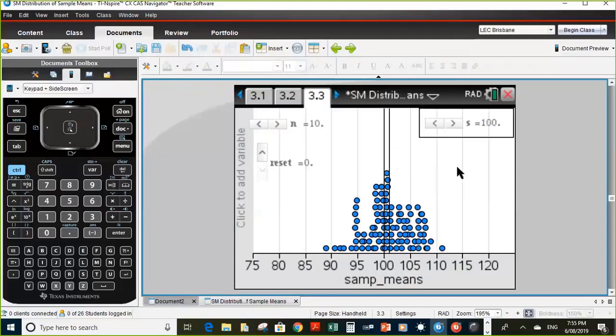The upshot here is you want students to notice what happens to all these sample means as n increases. When n increases, you expect a scrunching effect, you expect the dispersion to decrease, and you expect the distribution of the sample means to behave in a more normal fashion.